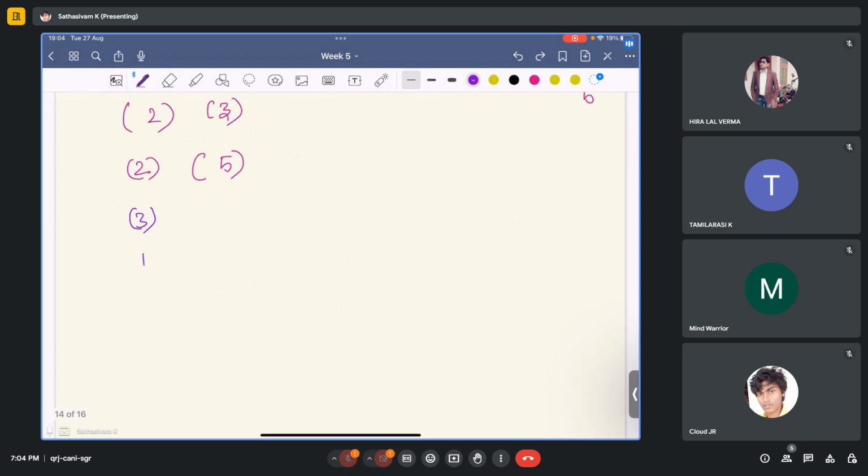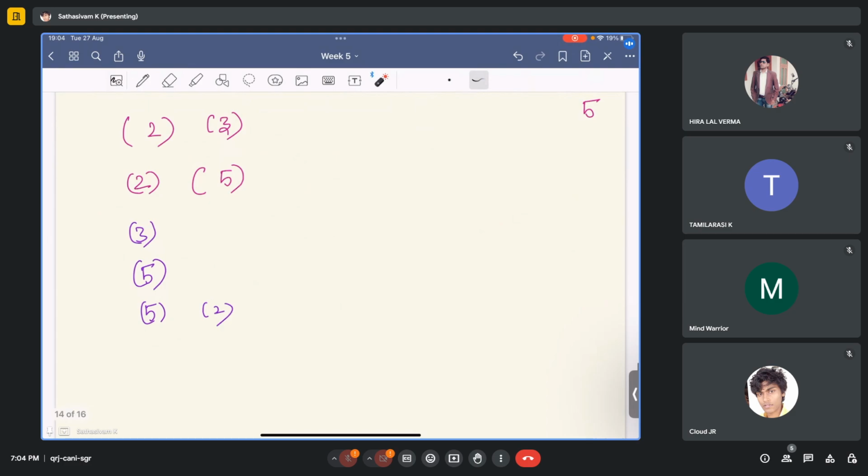Now what about 5? With 5, you can leave just the 5, or you can put 5 and then a 2 cycle. These are the possibilities. Let's compute the orders. The order is the LCM of the lengths: the LCM of 2 and 3 is 6, and here the LCM is 10.